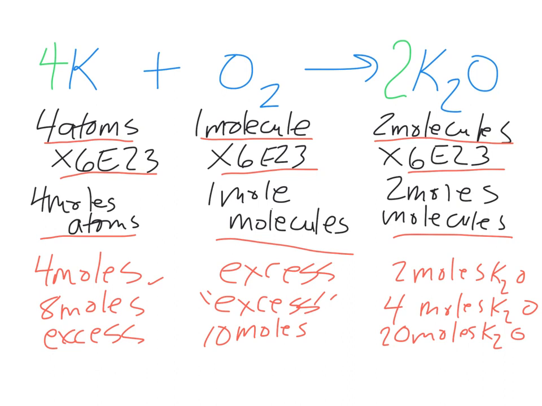This ends up being very important for chemists in the laboratory, because quite often you're trying to produce a set amount of product, and you want to know how much of one of the reactants to start with to give you that product. And that's where this is going to show up in the chemistry lab, and it will also show up with the problems that we'll be doing later on in the chapter.